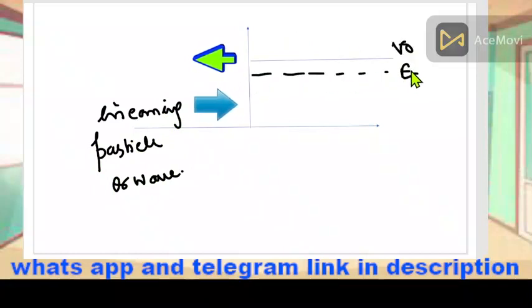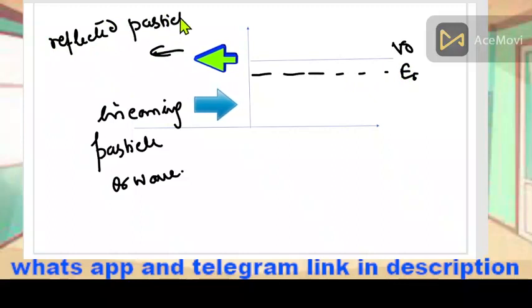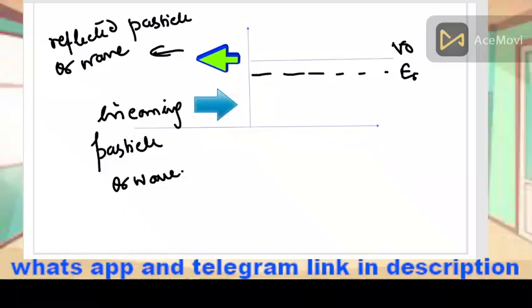This is the particle energy E, which is less than V naught, and this is the reflected particle or wave. So there is no condition for transmittance. Now what will happen? We have to see this. So this is the situation here. We have an incoming particle or wave and its corresponding reflected wave.